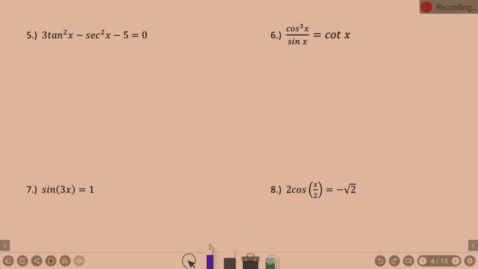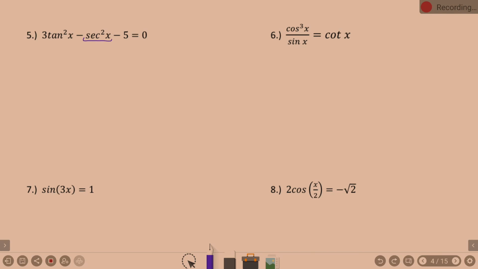If we take secant squared right here, and we replace that with the other part of the Pythagorean identity, 1 plus tan squared, we're now going to have an equation that is all in terms of tangent. I'm not going to say you couldn't do it the other way and make everything in terms of secant, but I'd rather work with one of my big 3: sine, cosine, or tangent.